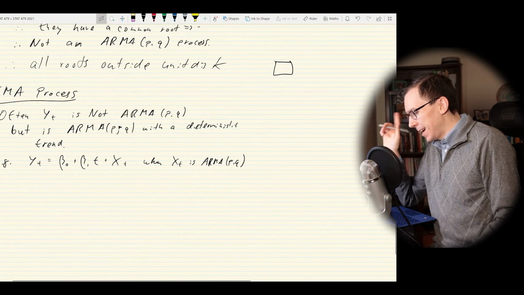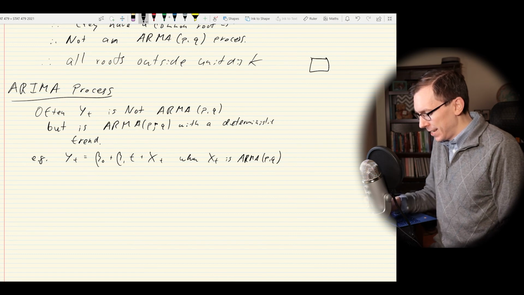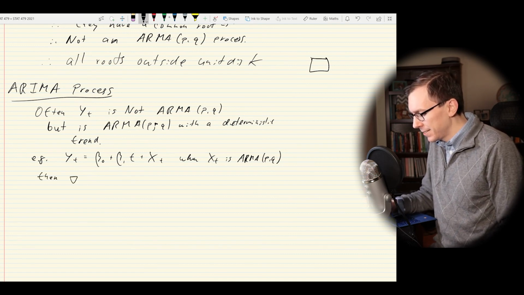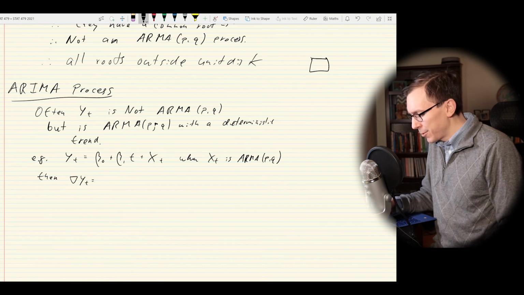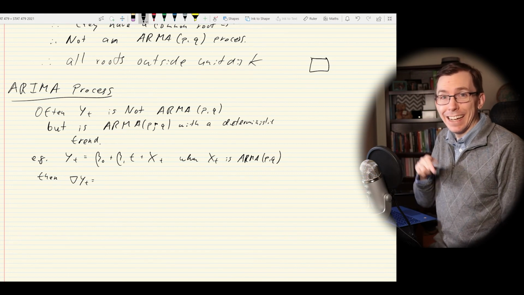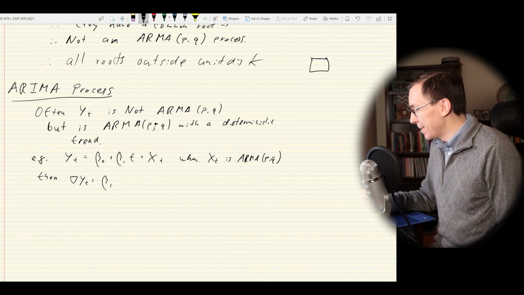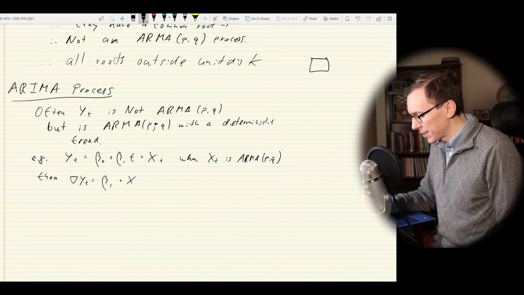So then the thought process is, if that's the case, then if I were to take a first difference of Y_t, something that you kind of did in the first assignment, then what you end up with is something that's going to look like beta_1 plus X_t minus X_{t-1}.